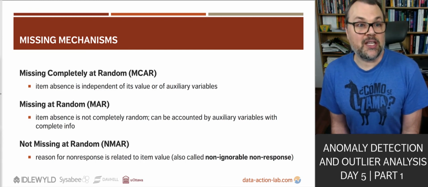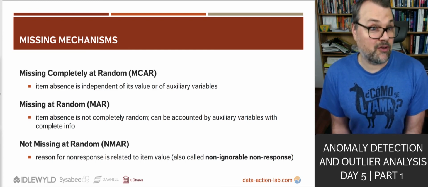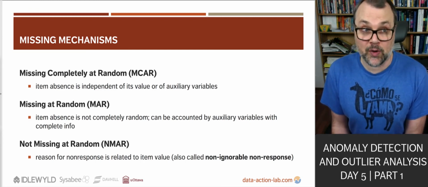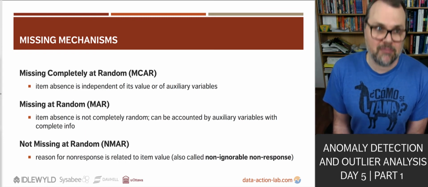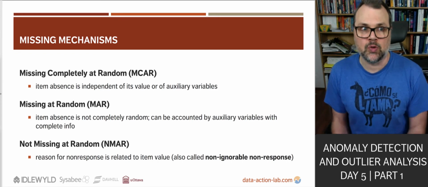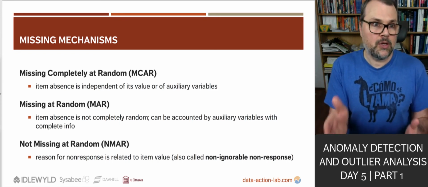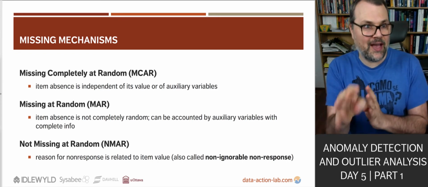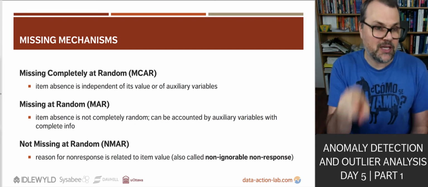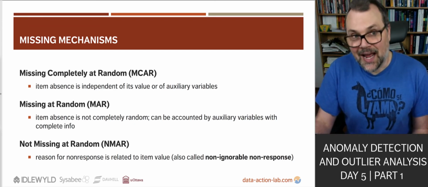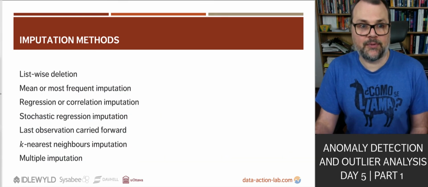If I'm answering yes, presumably you can trust that I've committed a felony, but if I'm not answering, there's a pretty good chance that I'm not answering because I've committed a felony and I don't want to have it on record. So my lack of a value there is directly related to the answer that I would have been giving. So when that happens, you cannot discard the observations.